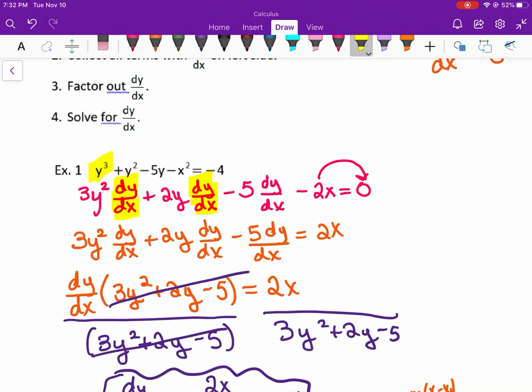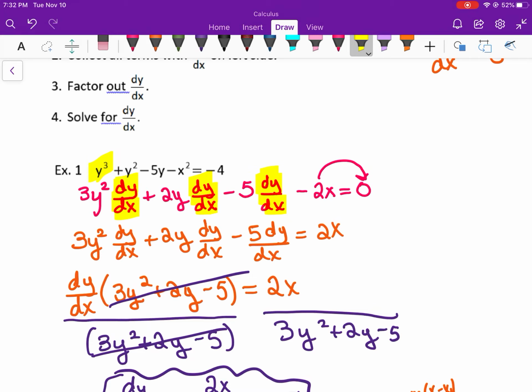And then we did the derivative of negative 5y, which is just negative 5, but because there's a y, it's followed up with dy dx. And then we did the derivative of negative x squared, and that's negative 2x. And the derivative of negative 4 was 0.